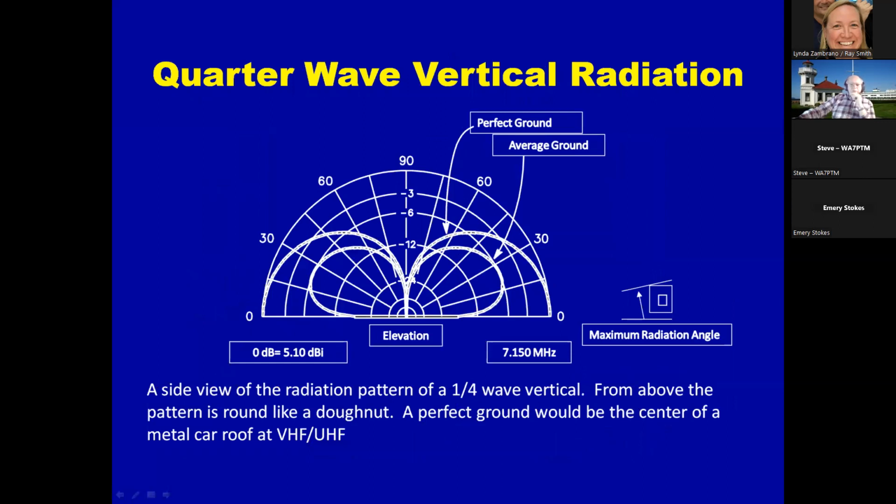This is the kind of radiation pattern you can expect to get from a quarter wave vertical antenna. And you can see that it's not a lot of energy going up. It's mostly going out to the side, close to the ground. And that can be very good depending on what you're trying to do, but that's usually what you want with your vertical antennas.